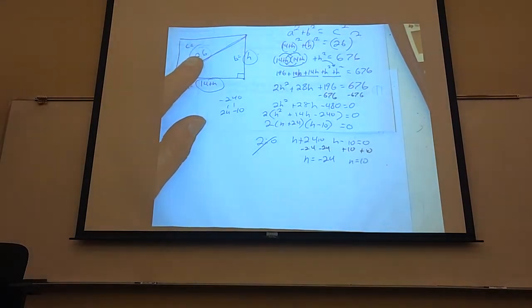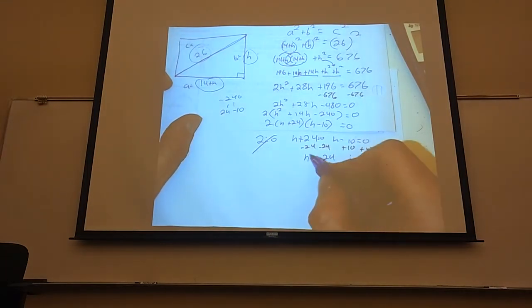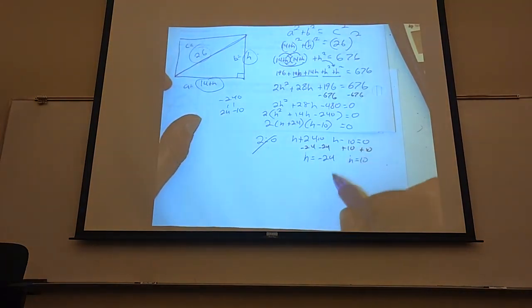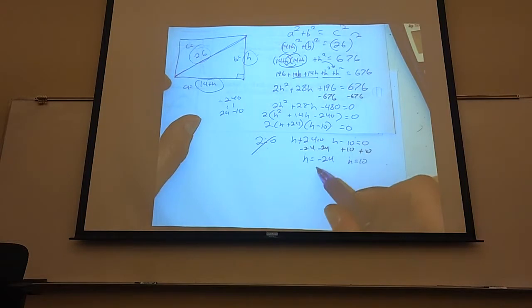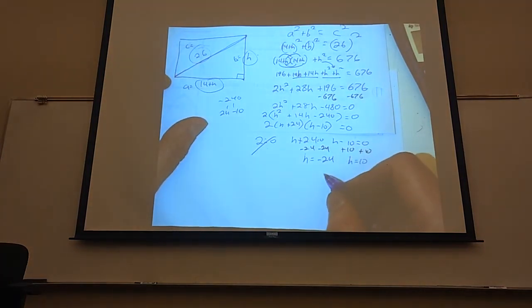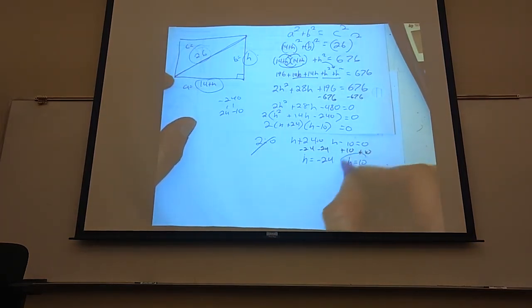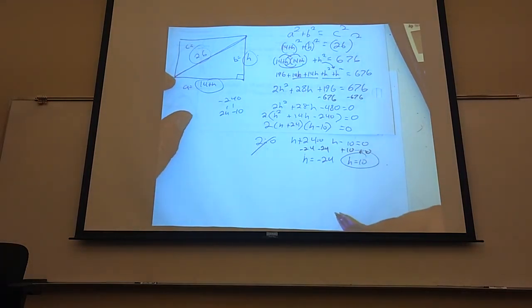What is the height of my TV, or laptop, or whatever we're talking about? Got a couple of possibilities. My height is negative 24. My height is 10. That's 10. Can't be negative. Yeah, we want that to be our height.